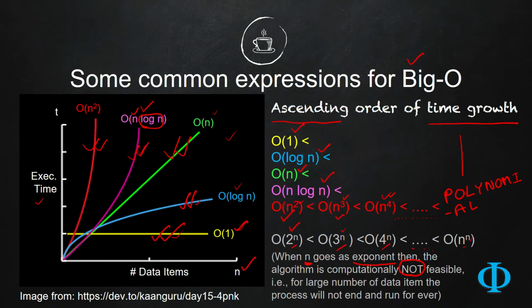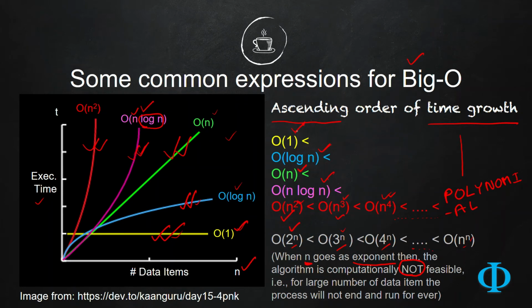So here is the thing. Let's say you are given a problem and you have multiple different ways to solve it. You designed an algorithm with order of 1 growth, that is no growth at all. Then you designed another algorithm with order of log n, another with order of n, another which takes order of n log n, another with order of n square, and another with order of 2 raised to the power n. So which one will you select?